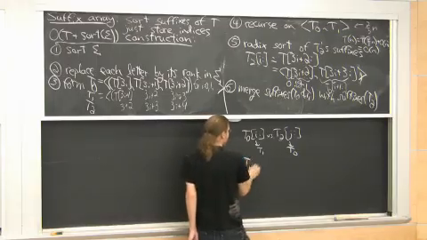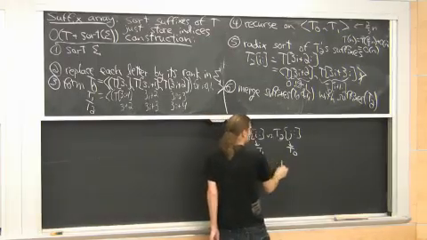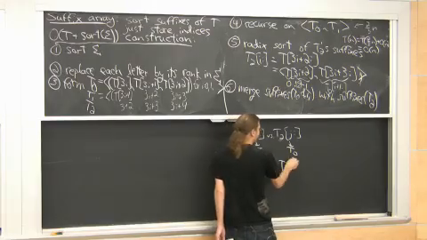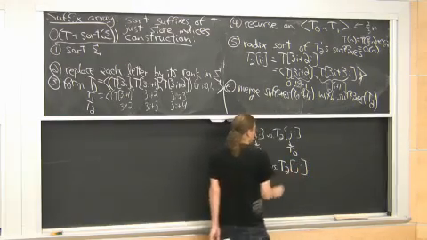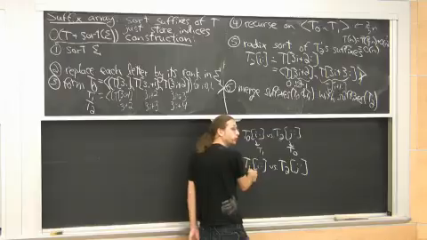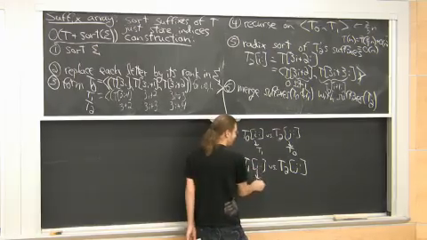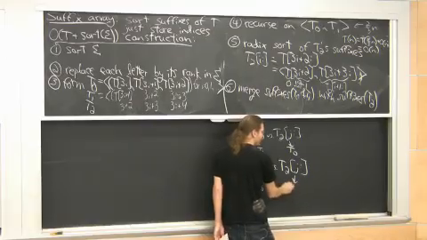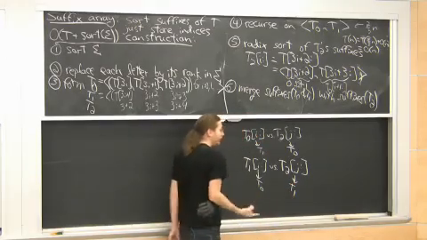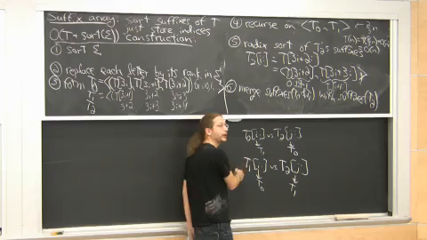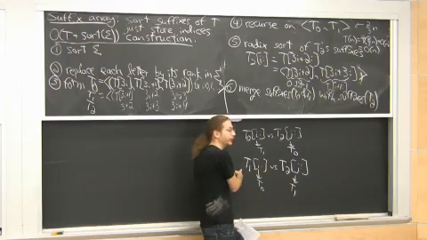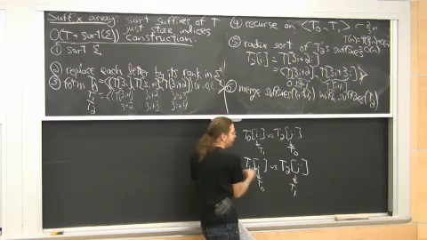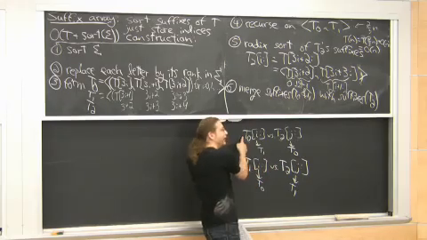If I need to compare a T1 suffix with a T2 suffix, how do I do it? I strip off the first 2 letters of this one. I get a T0 suffix. I strip off the first 2 letters of this one. I get a T1 suffix. I can't strip off 1 letter because this would turn into a T2, and I don't know how to compare a T2 to other things. That's the whole point. Well, I guess it's a T2 versus a T0 if I did that, which is this case.